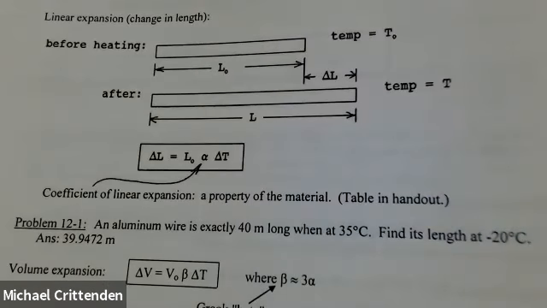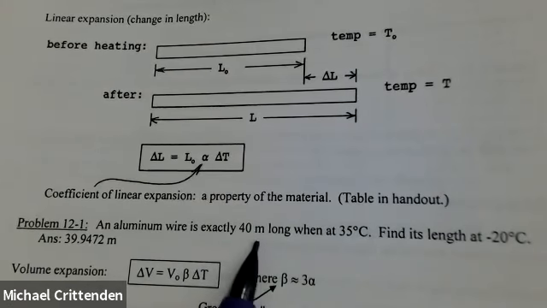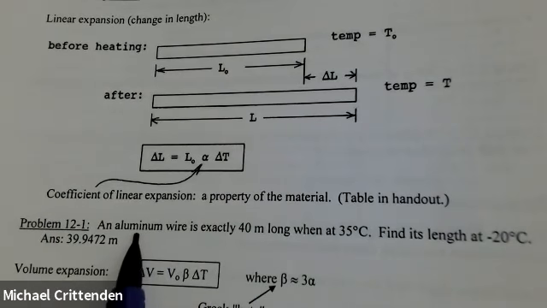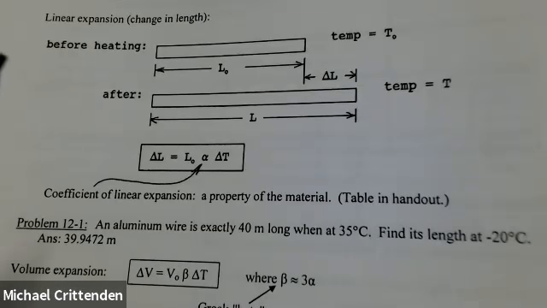So anyhow, for example, maybe 40 meters is the distance from one electric pole to the next. The electric company does use aluminum for their wires. Yes, inside people's houses, you're supposed to use copper. That's the preferred material.